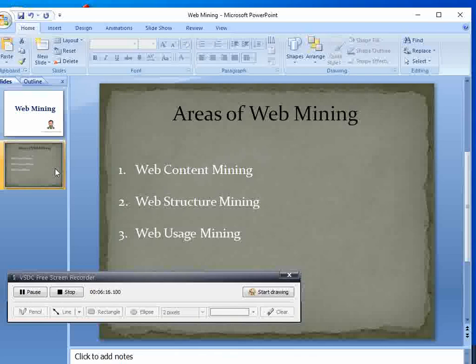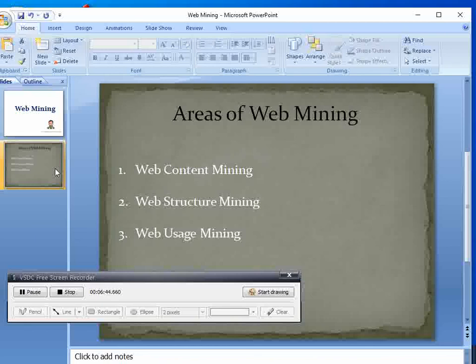So there are certain differences between data mining and web mining. Data mining is the process that attempts to discover patterns and hidden knowledge in large data sets in a system, whereas web mining is a process of data mining technique to automatically discover and extract information from web documents. This is the major difference between data mining and web mining.